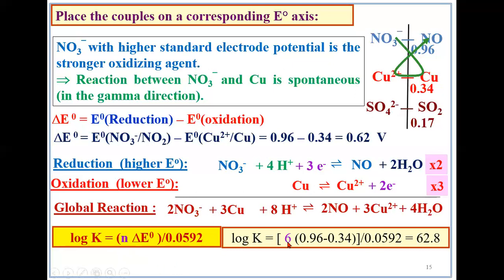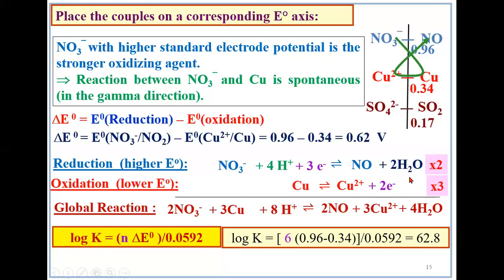Calculate the log K. The total number of electrons transferred is 6. Why? Because 2 times 3 and 3 times 2. Or instead of n here, you put the number of electrons in the first couple multiplied by the number of electrons in the second couple. But if one is a factor of the other, then you multiply by only a factor.